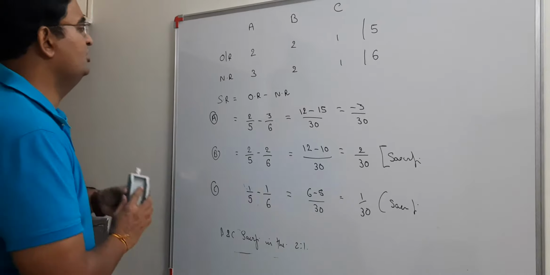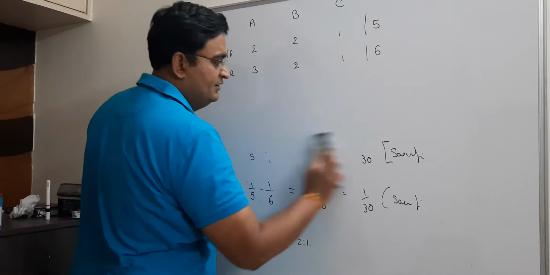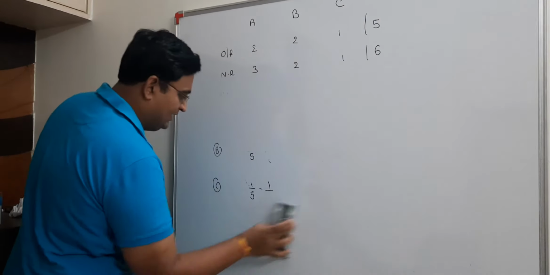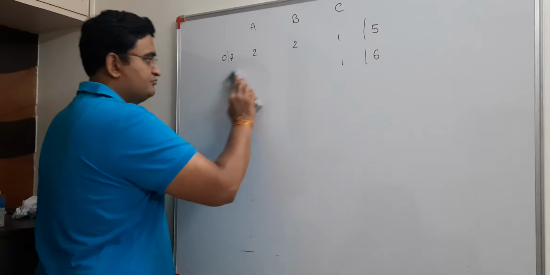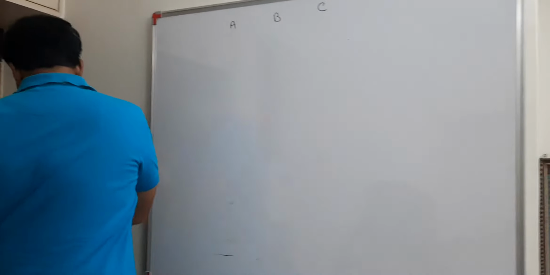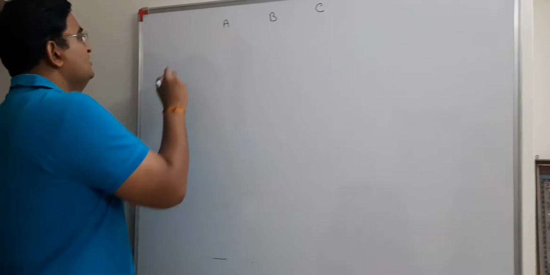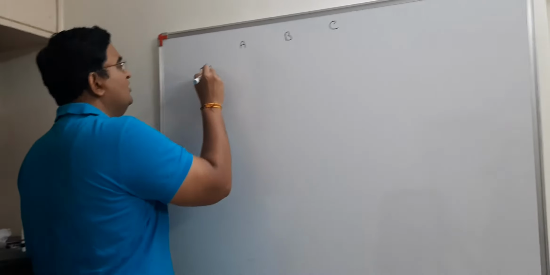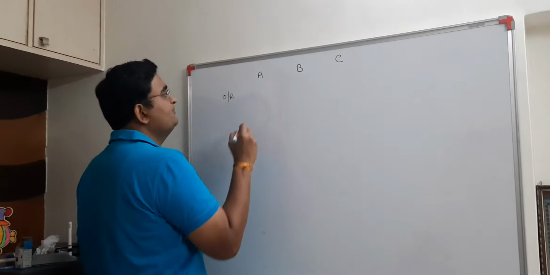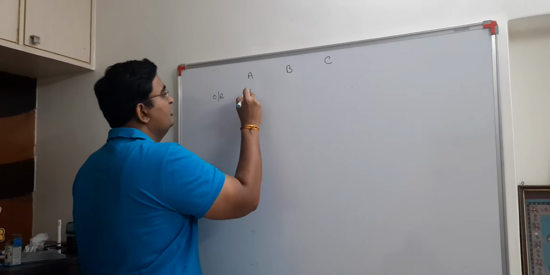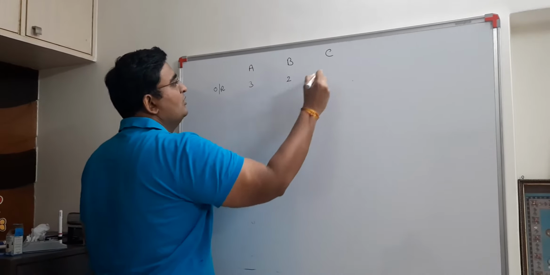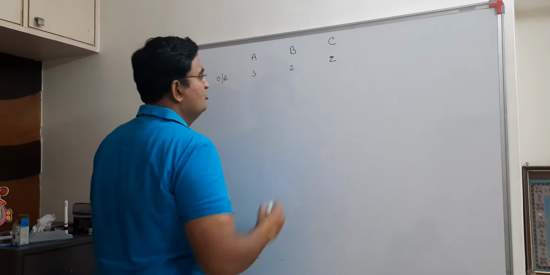Moving on to the further part, that is how to find the new heading, taking one more example. A, B and C are partners. Forum, can you help me out? What is their old ratio? 3:2:2.